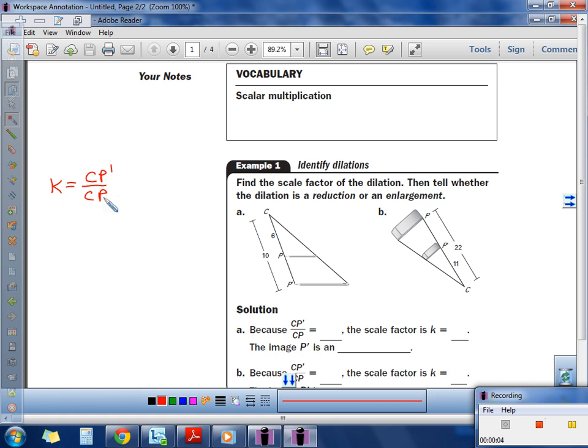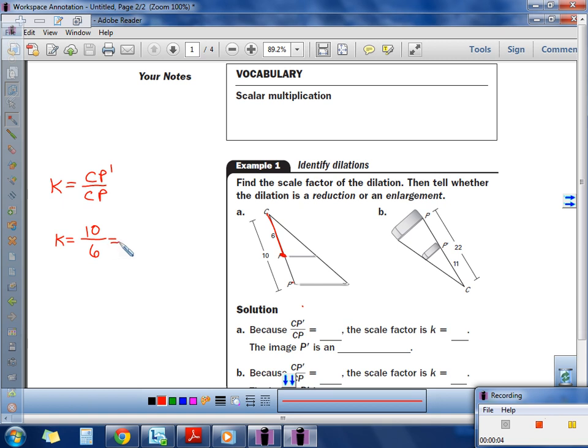So let's find, what is the distance from C to P prime on this shape over here? Oh, where's P prime? I can't see the prime. Can you see it on your paper? It's the bottom one. Okay, so how far is that distance? 10. So that's 10 on top. We're solving for our scale factor. And the value on the bottom, it only wants you to go to regular P. That's only a 6.